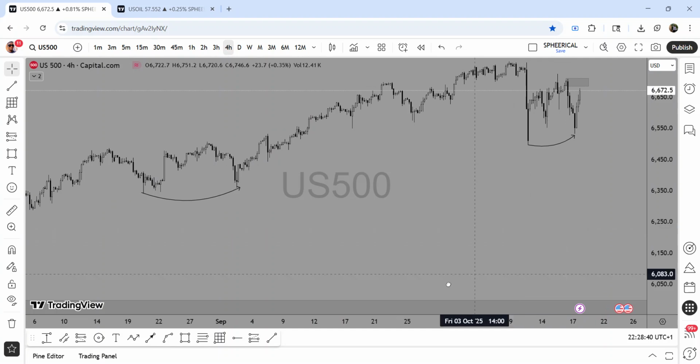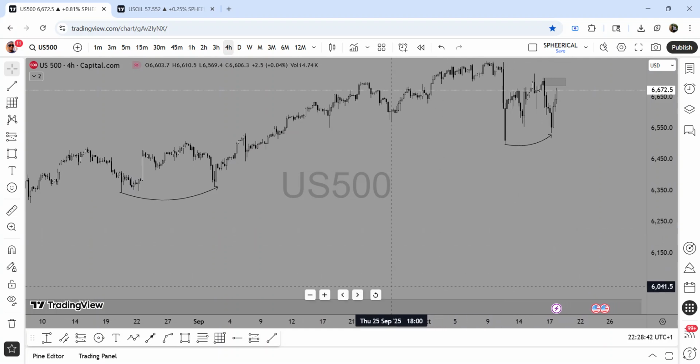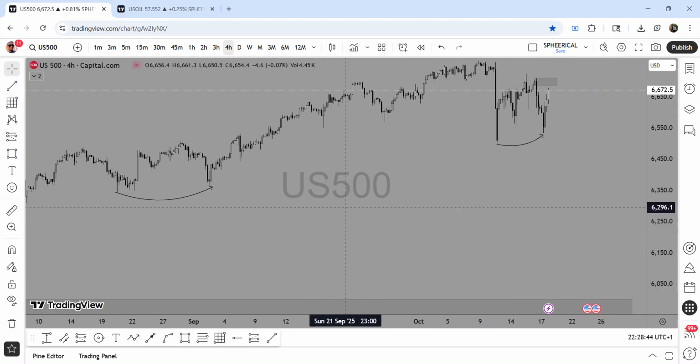So you can see here, it is actually the same thing we have. Then let me check here if there is any valid point of interest that can reverse the market. There's no valid point of interest here that can reverse the market. So we'll be targeting at least here. If we sell, we'll be targeting here.